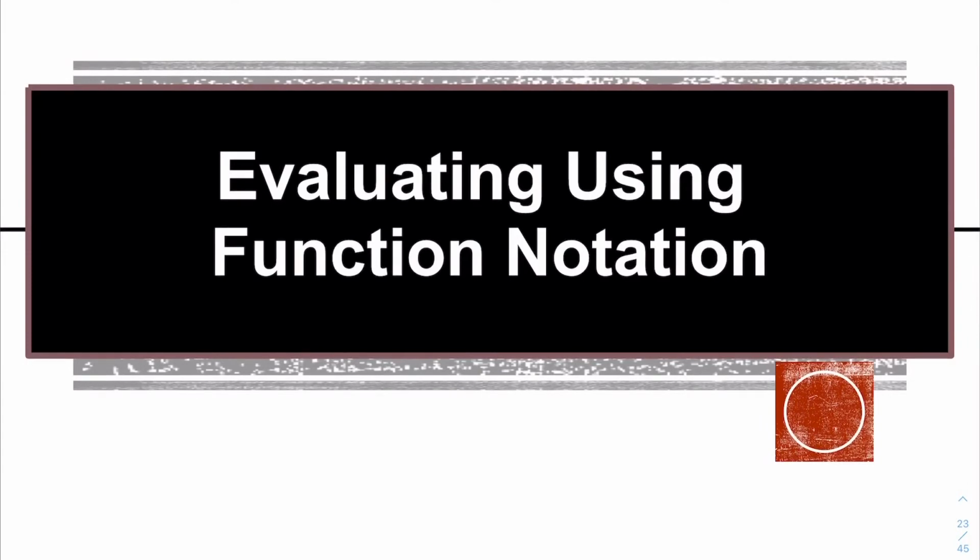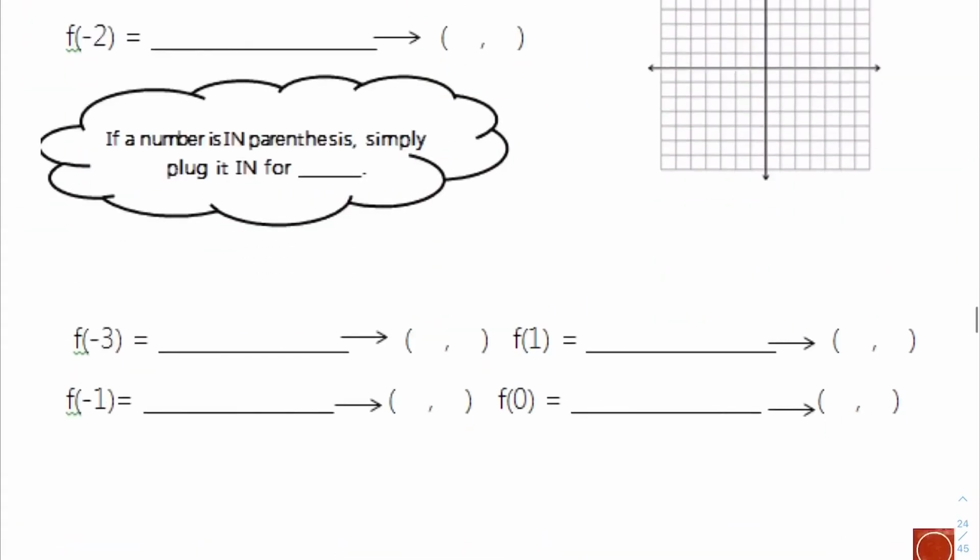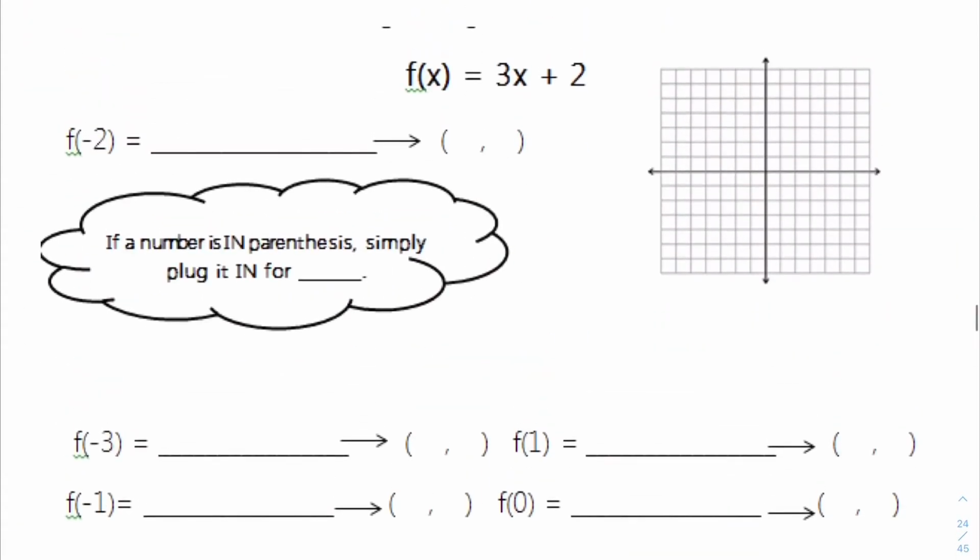Now let's review evaluating using function notation. Evaluating means we're actually going to plug something in. Here's our function. And when we write f of negative 2, this means plug in negative 2 for x.